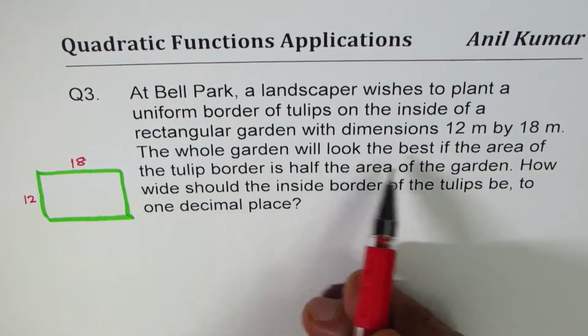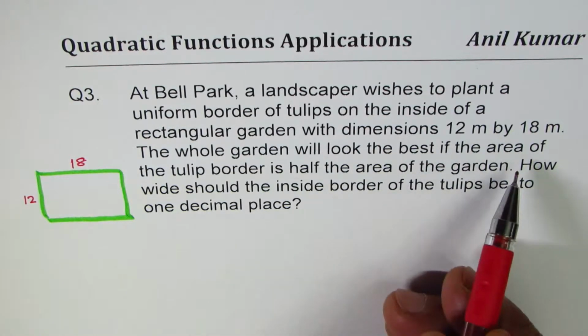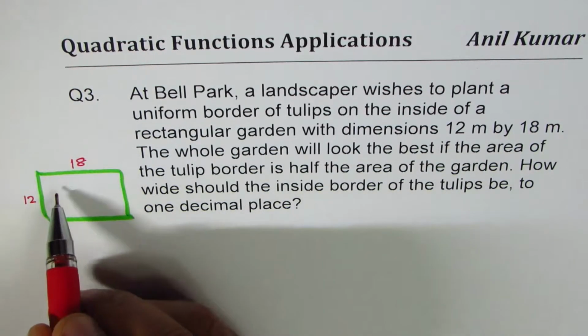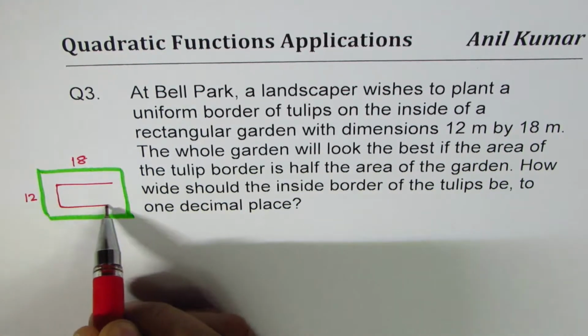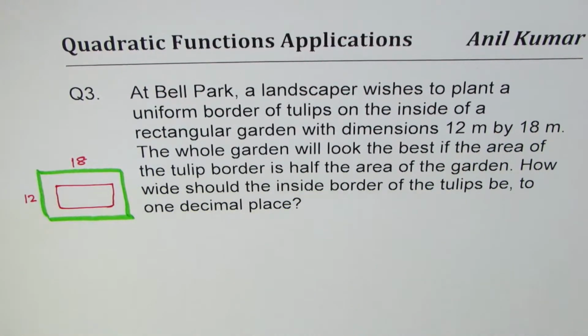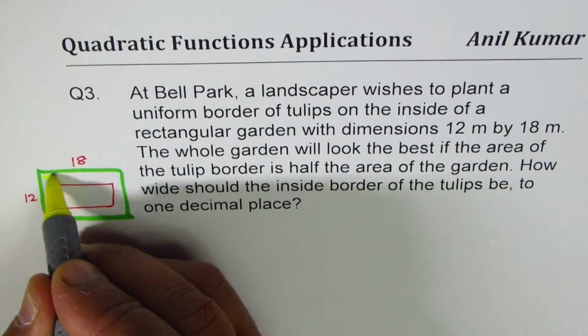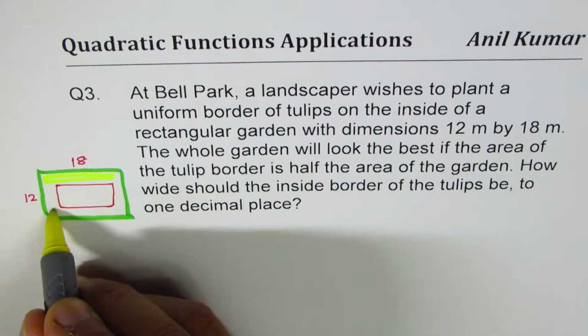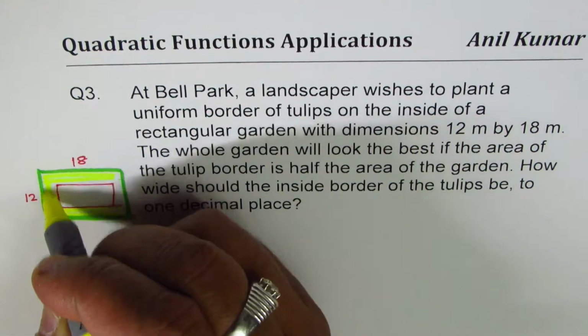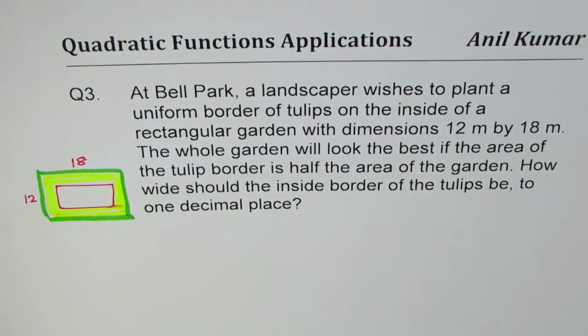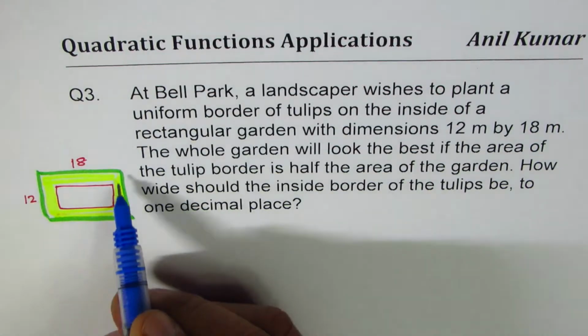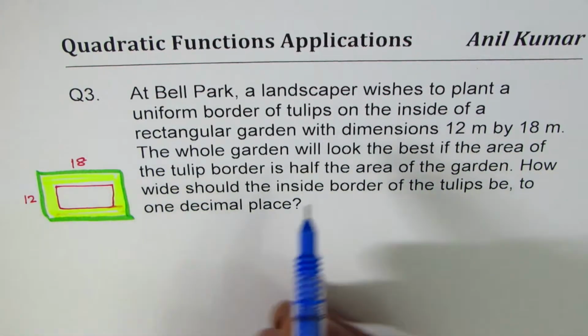The whole garden will look best if the area of the tulip border, let's say that's the border. So tulips are being planted in this region, right? So that's the region for tulips. So they are on the inside of this rectangle, right?